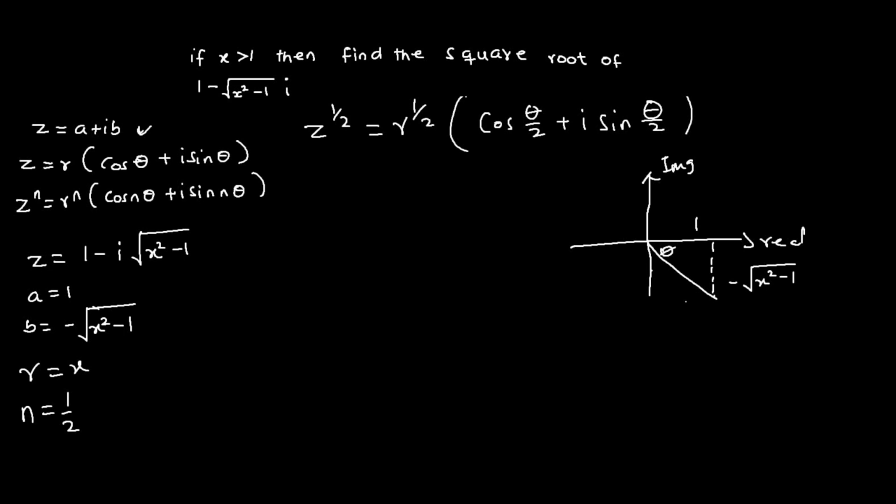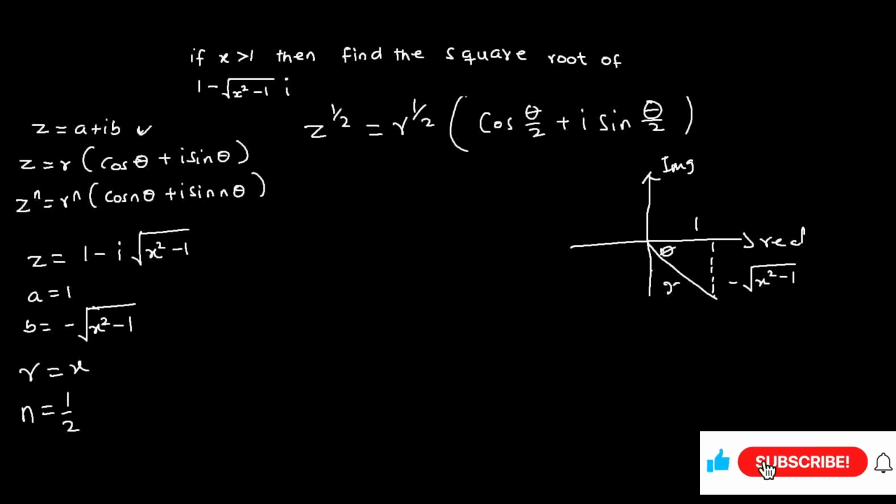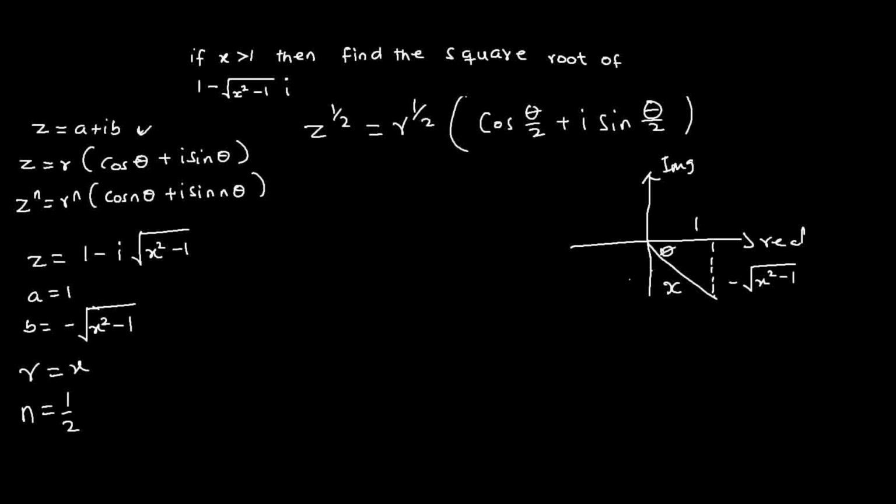Let's not forget that this side here is x, because that's the modulus. Now I'm going to take the cosine and sine of the angle theta.